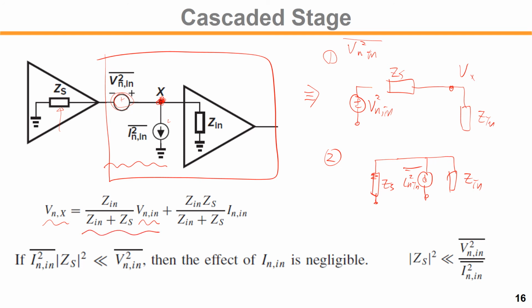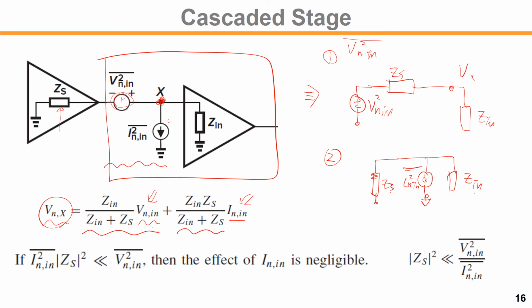And for the second equation, we have a current going through GS and Gin. So this is the total equivalent impedance, and current is flowing like that. So if you look more carefully, the X node voltage is affected by both the input reference noise voltage and the input reference noise current.